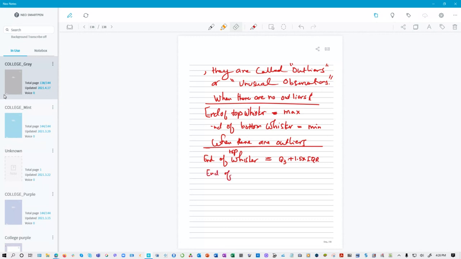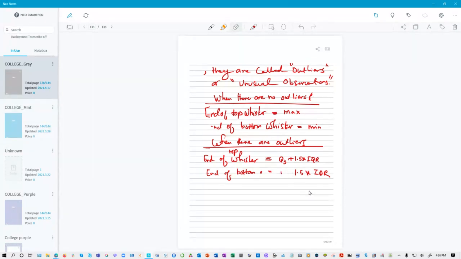End of the bottom whisker is Q1 minus 1.5 times IQR. That's what I want to see. Q1 is Q1. See, that's what I want to emphasize over here.